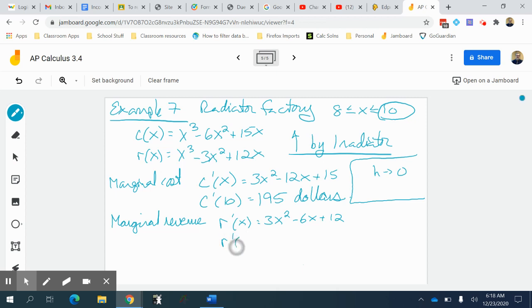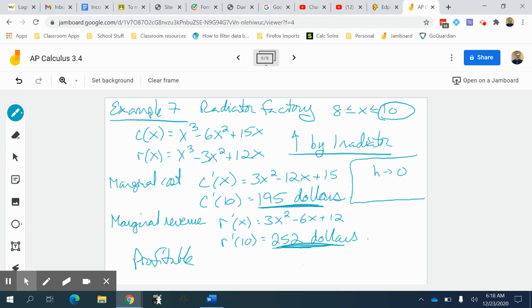The marginal revenue when I'm currently producing 10 radiators, therefore, is $252, which means that this would appear to be profitable. It's going to cost me another $195 to add one more radiator to my daily production. It is going to generate an extra $252. So we've got a little bit of extra profit there.